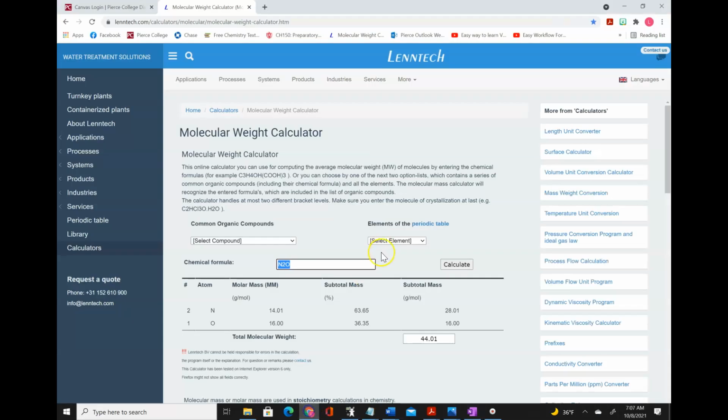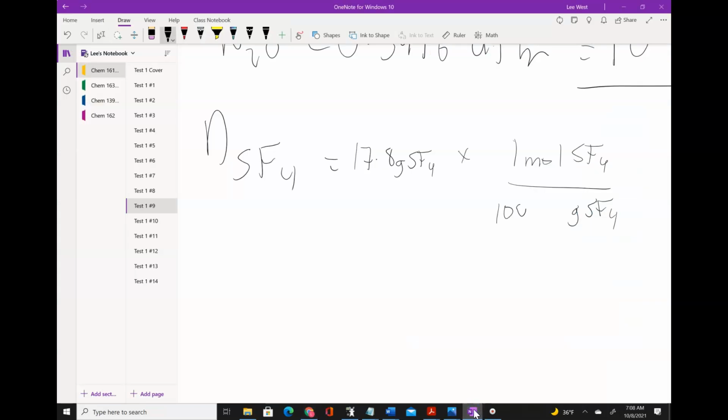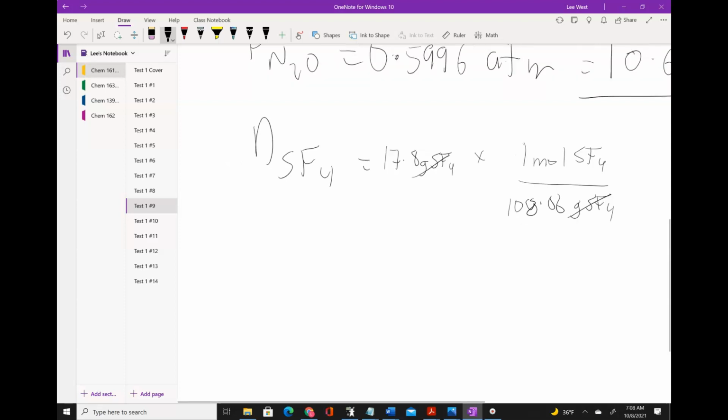So let's put that in. 108.06. There we go. So we're going to be well under a mole, right?